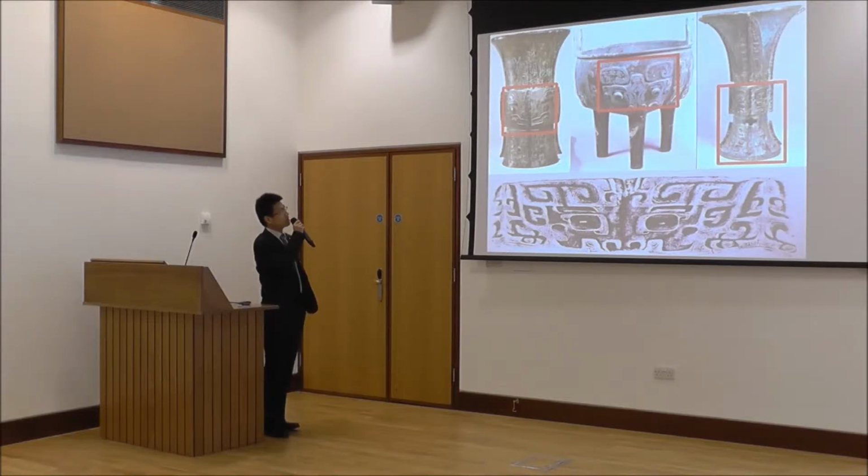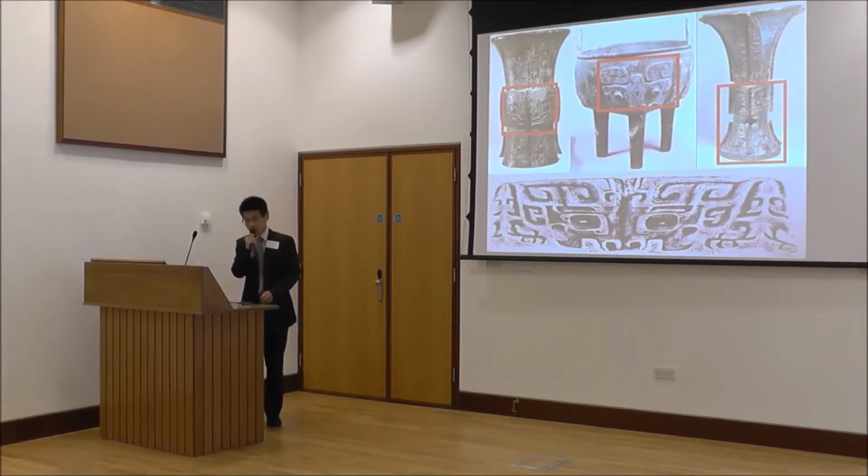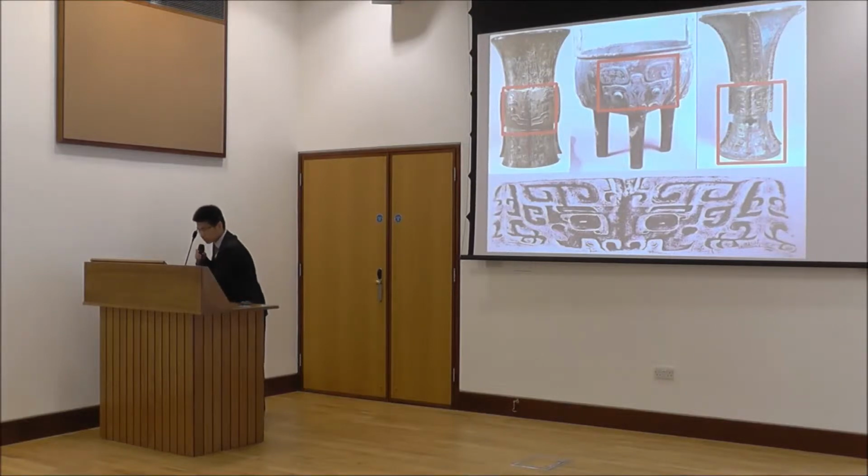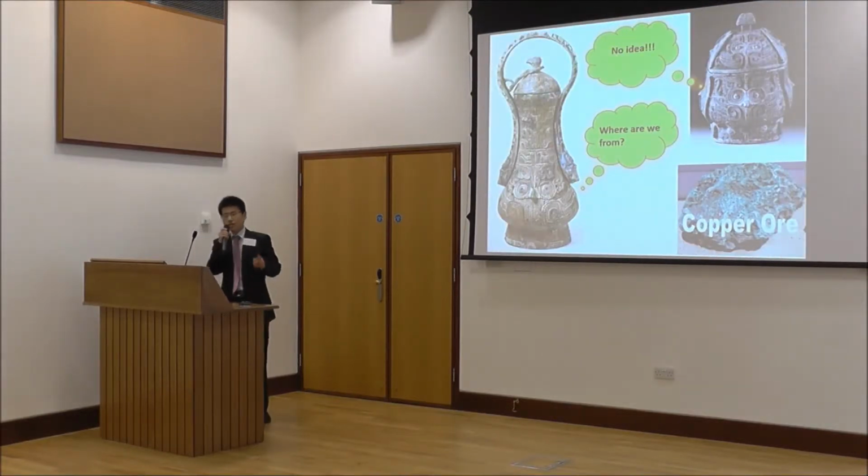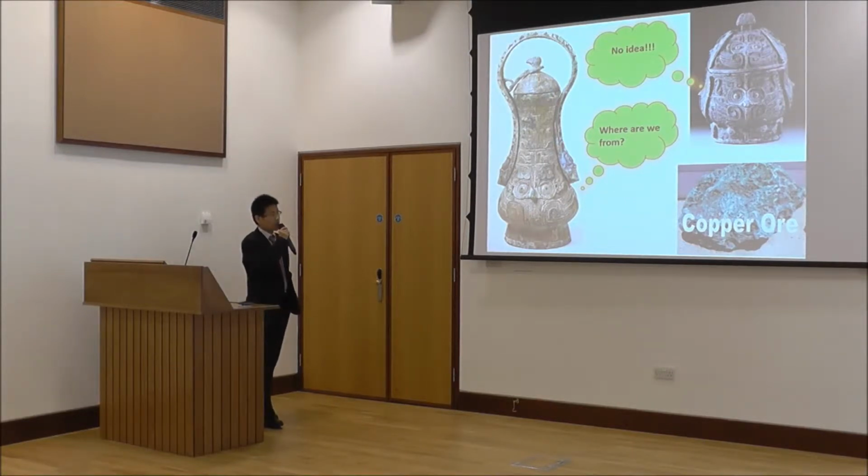You can see that this unique animal face is called taotie, which is often considered as the symbol of central polity in late Shang China. And the overall research question here is where metal came from.